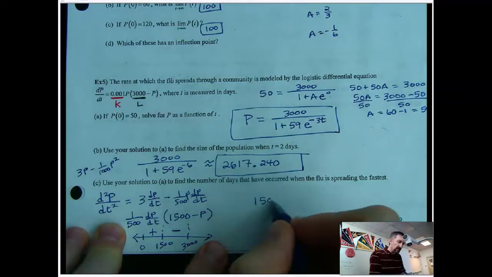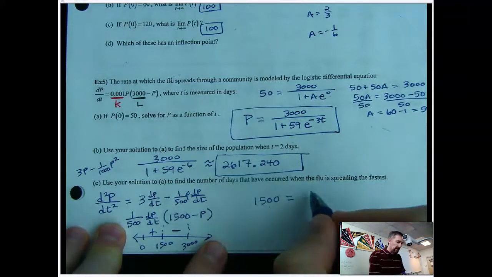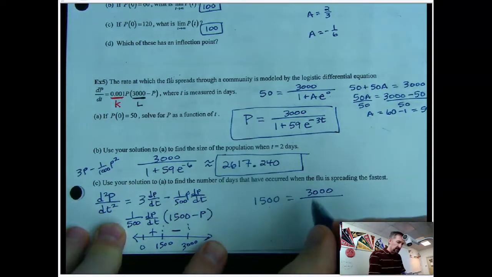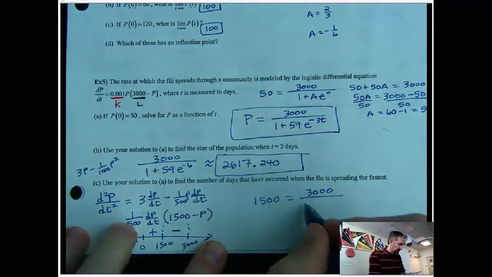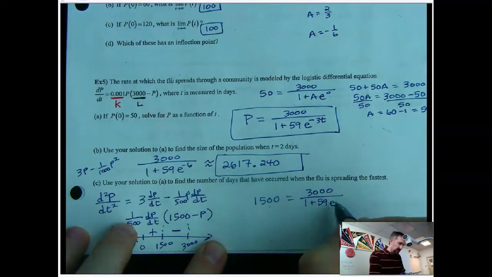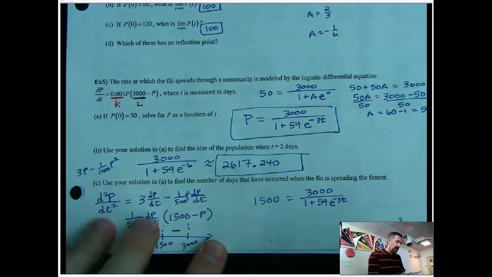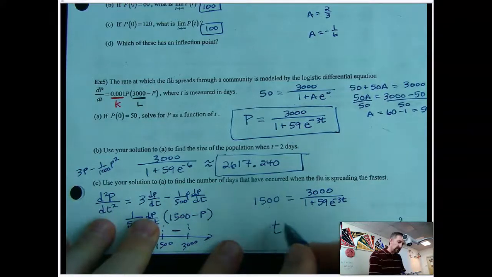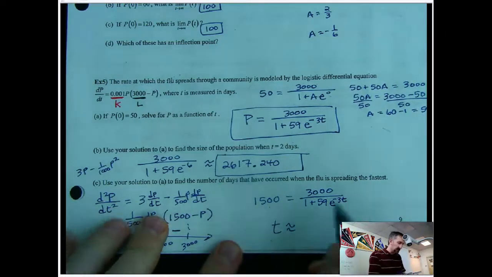So if we plug in 1500, we can solve this right here, which was 1 plus 59 e to the negative 3t. And if you can use the solve feature on your calculator, that's approximately 1.359 days.